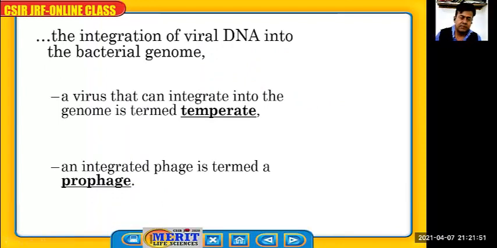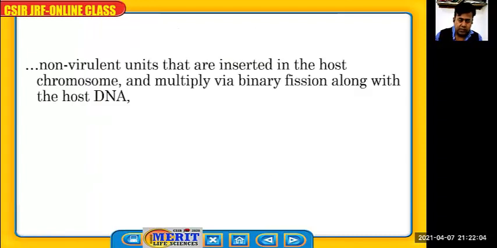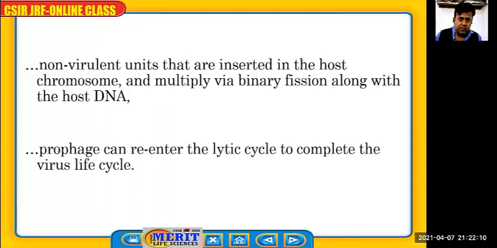This is the basic feature of mapping: integration of viral DNA into the bacterial genome. A virus that can integrate, and the integrated phage is termed a prophage. So these are non-virulent units inserted in the host chromosome that multiply by binary fission along with the host DNA.